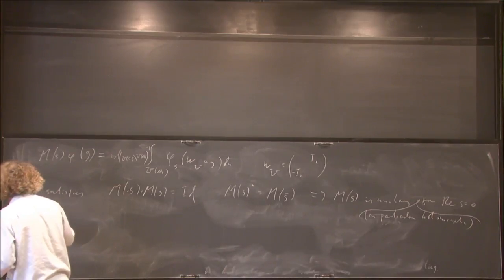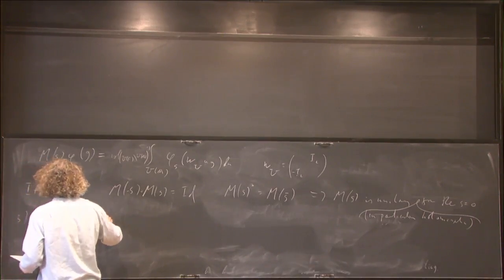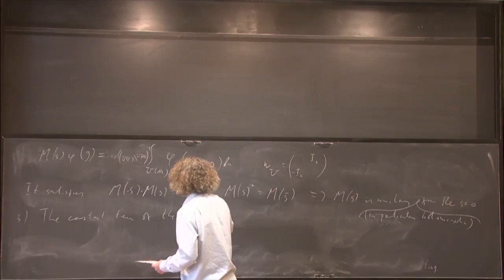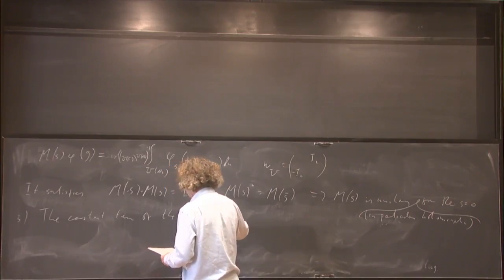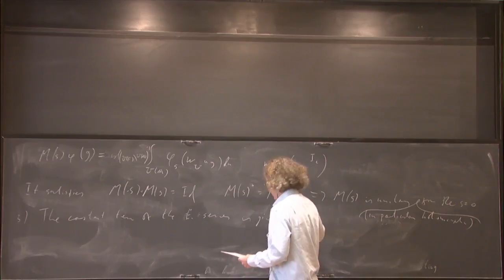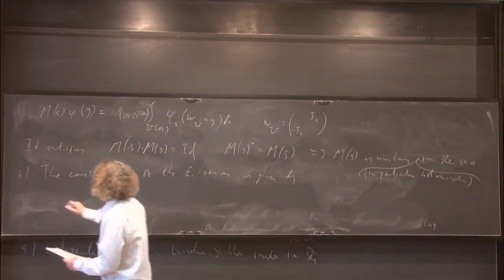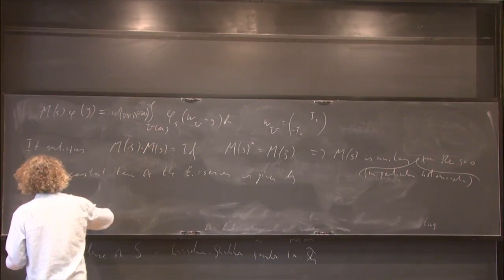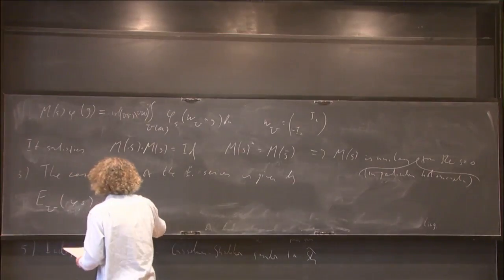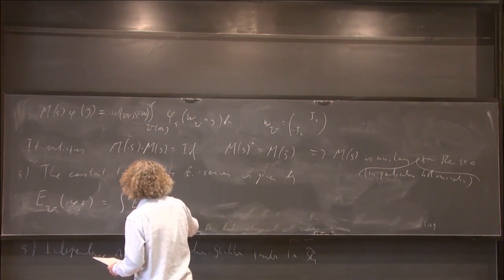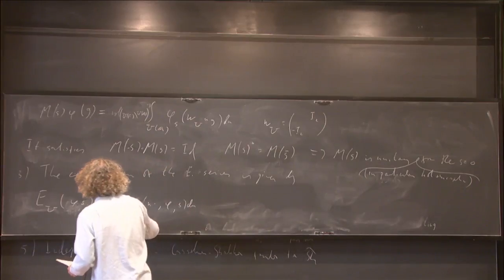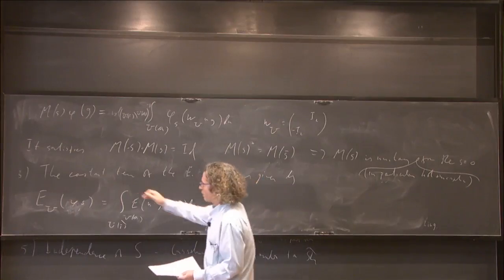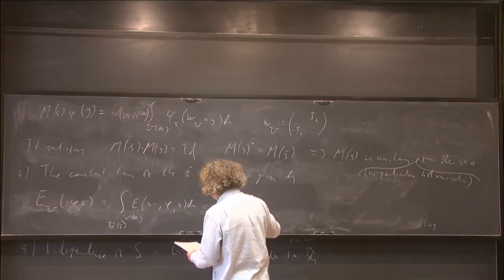Okay, so the constant term of the Eisenstein series is given by, okay, E_U, which, by definition, is the integral over U_F, and it's given by the original guy, which of course is not surprising because this is one of the summands, and then the intertwining operator.